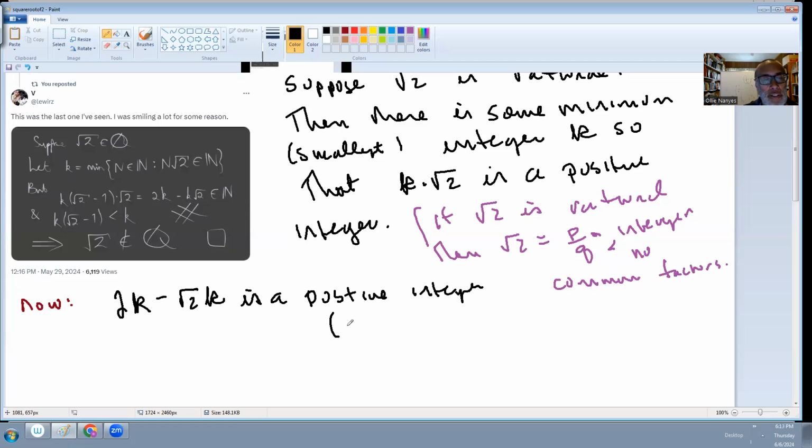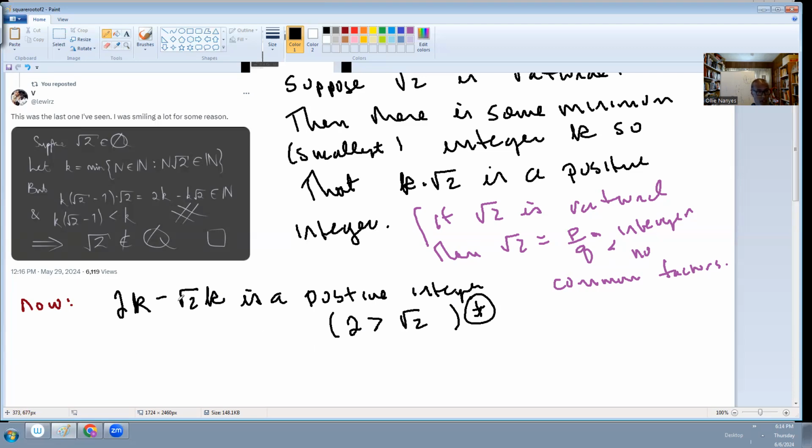The reason you know it's a positive integer is that 2 is bigger than the square root of 2. Now, if you're such a purist that you want to prove that, we'll prove that at the very end. But if you take as fact that the square root of 2 is less than 2, you can make this move. Now that you have this as a positive integer, right?